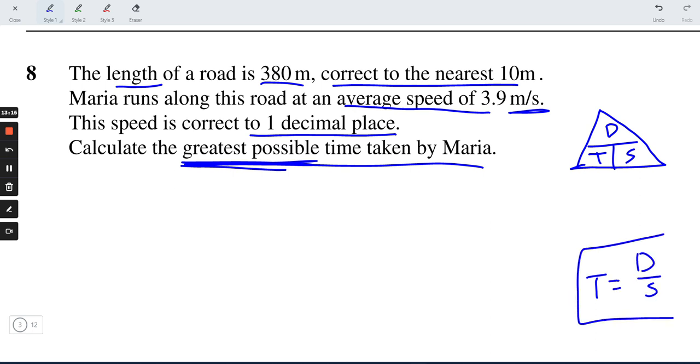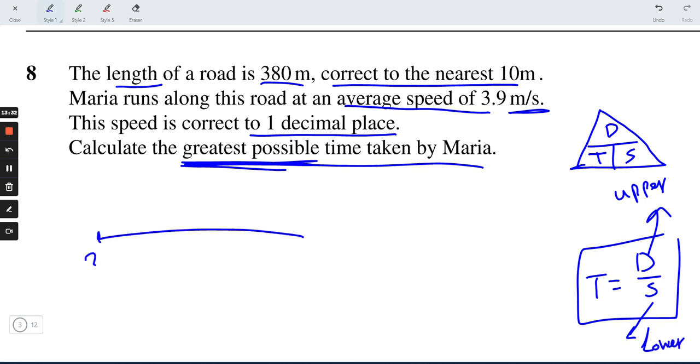This is the formula that we should use, and because we need the greatest, that means d should be the upper bound, and average speed should be a lower bound. So for the distance here, we have 380 meters. So now here we have an upper bound, and here we have a lower bound.